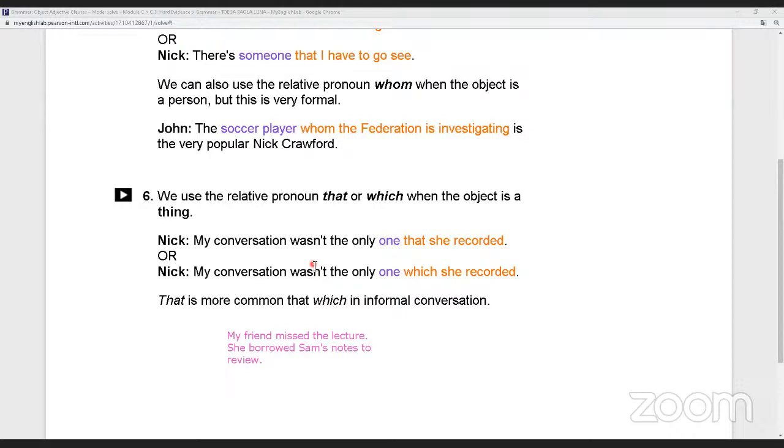So you know, you have to find your noun. If you have any question, please let me know.